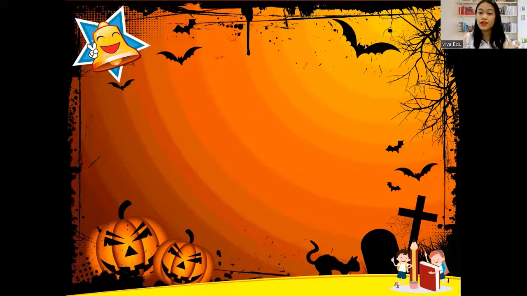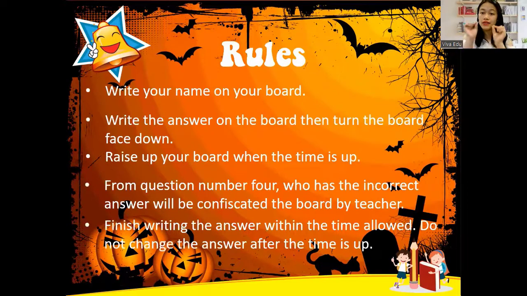First, you need to give them some rules before they play the game. Students have to write their name on the board. Then when the teacher reads the question, they have to write the answer on the board, and then they turn the board upside down on the table.